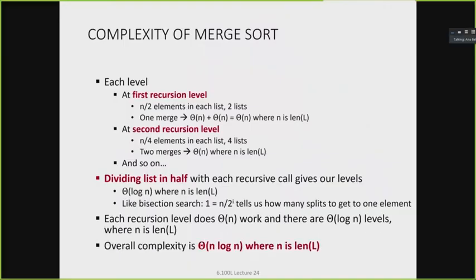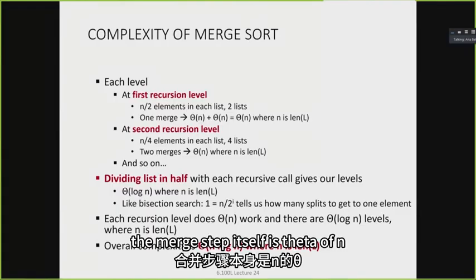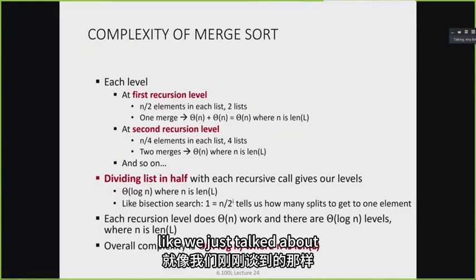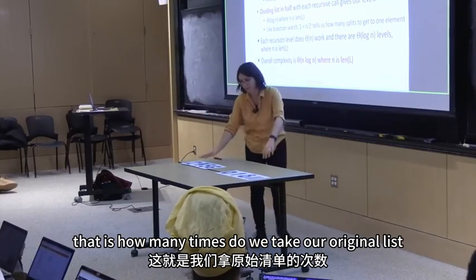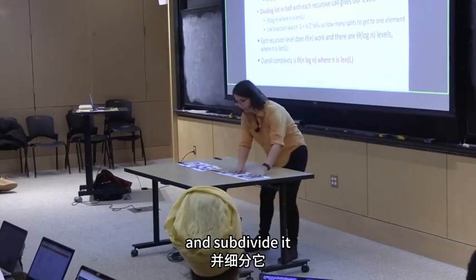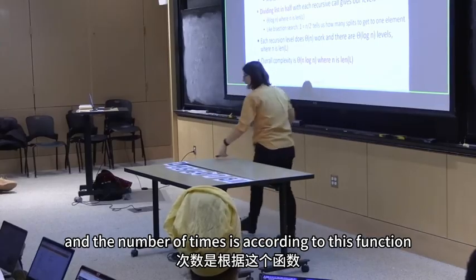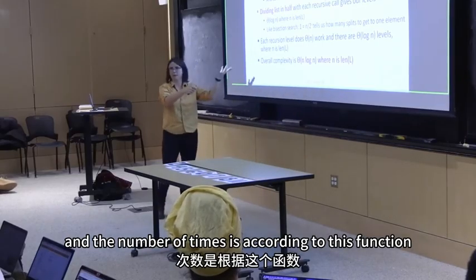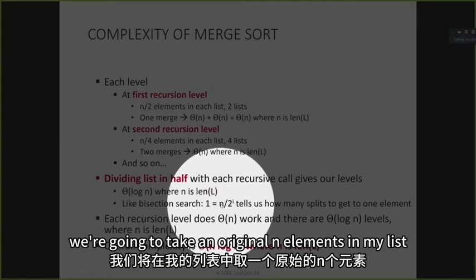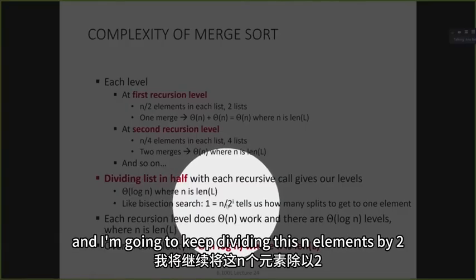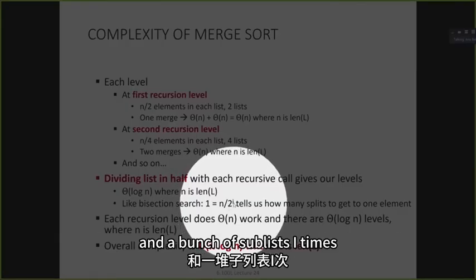So the overall complexity of this is going to be, the merge step itself is theta of n, like we just talked about, but how many levels do we have? That is, how many times do we take our original list and subdivide it until we get to our base case? And the number of times is, according to this function, very much like when we did bisection search. We're going to take an original n elements in my list, and I'm going to keep dividing this n elements by 2 in a bunch of sublists, i times.